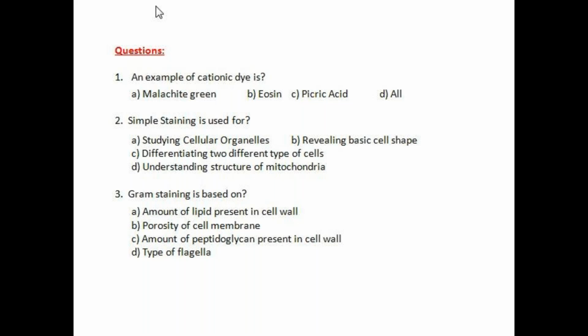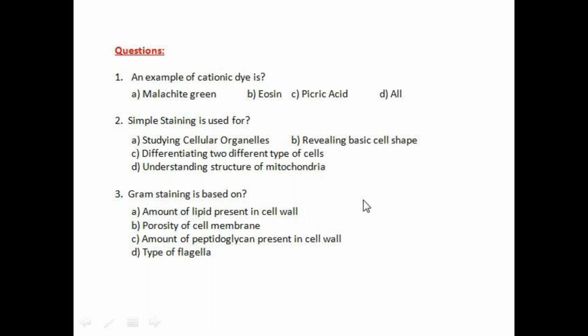Observe this once. Gram staining is mainly based on which? Here, amount of lipid present in cell wall. This is the structural component.